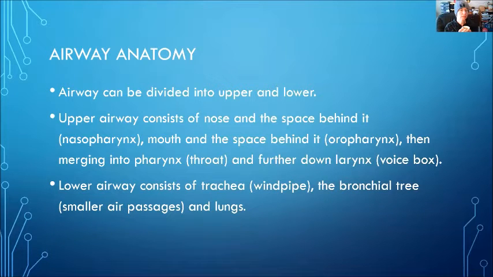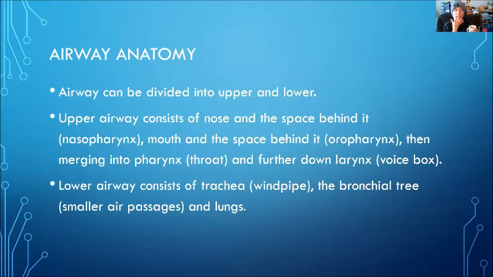The airway anatomy, like already mentioned, can be divided into upper and lower. The upper airway consists of the nose and the space behind it, which is called the nasopharynx, and the mouth and the space behind it, which is the oropharynx. That's how the air enters our body from the atmosphere.